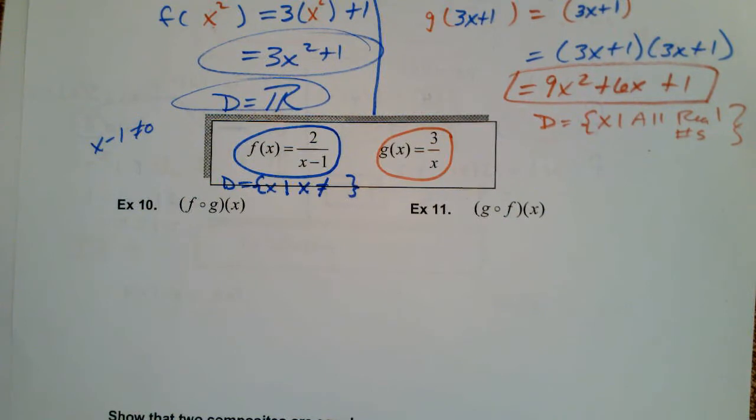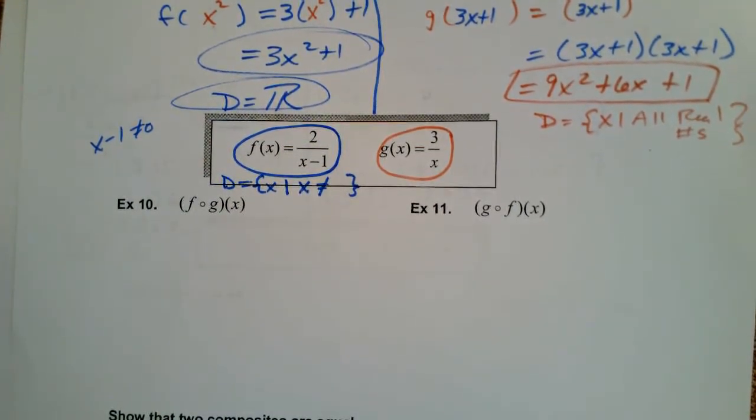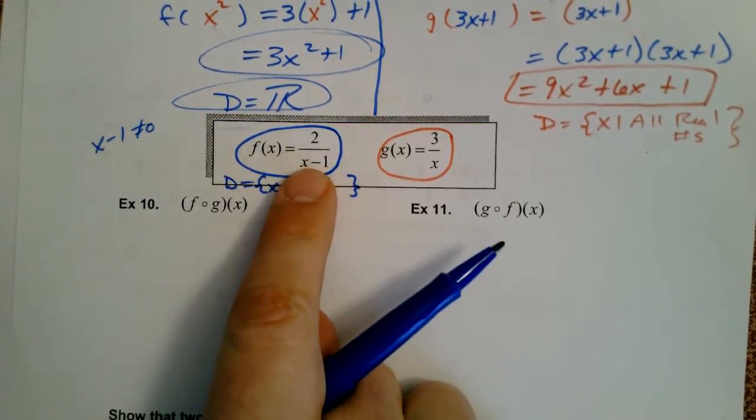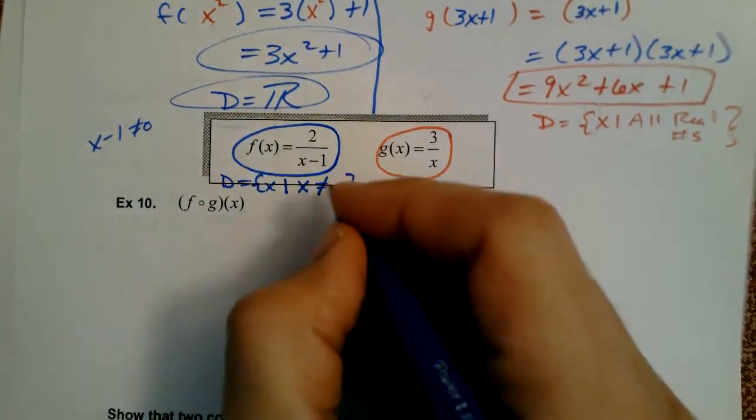What do you think? Braden, what do you think? Juan, Dylan, Ariel, what do you guys got? What can you not have? Hank, what do you got? X cannot be what? What makes this guy undefined? What can you not divide by? Mary's giving me the 1.